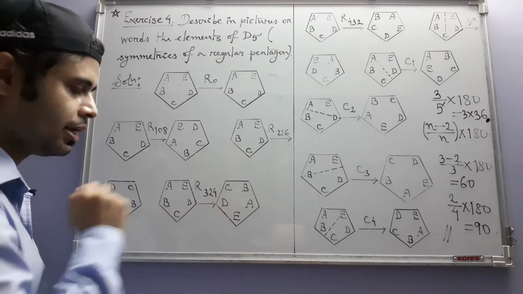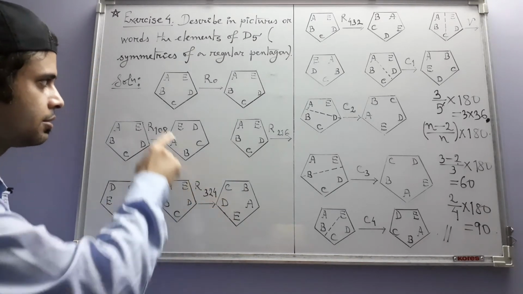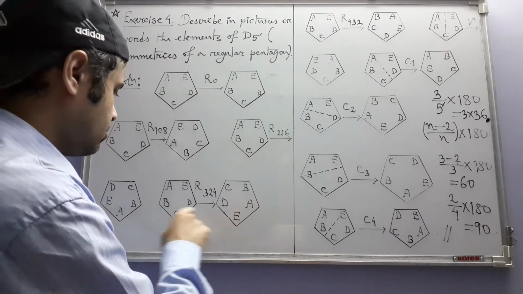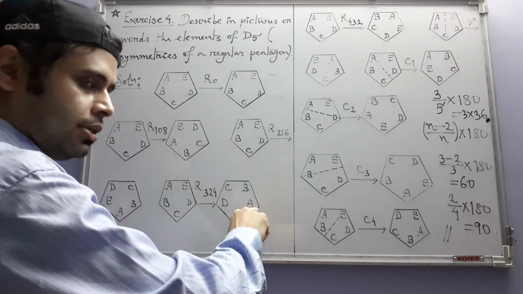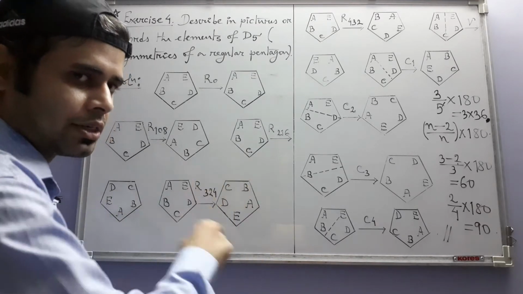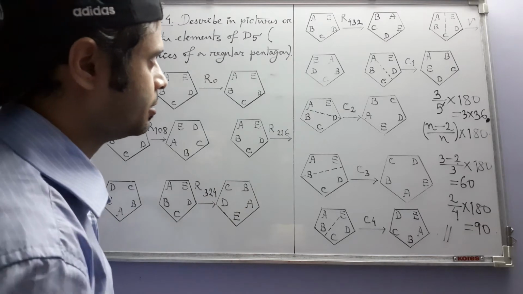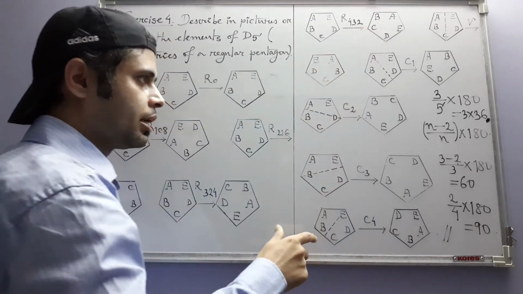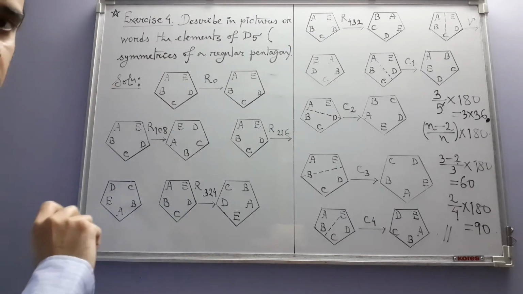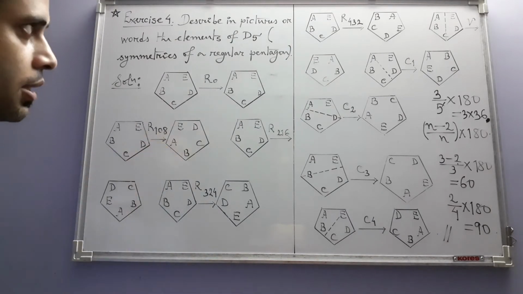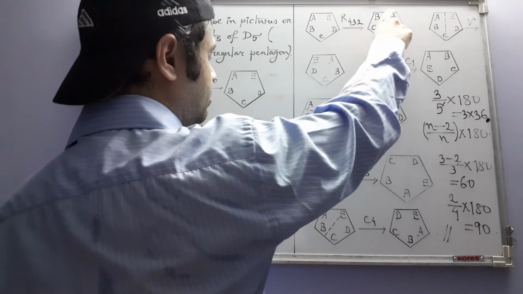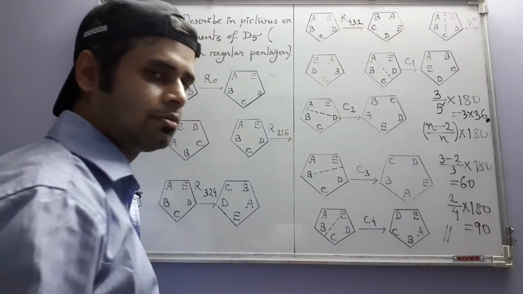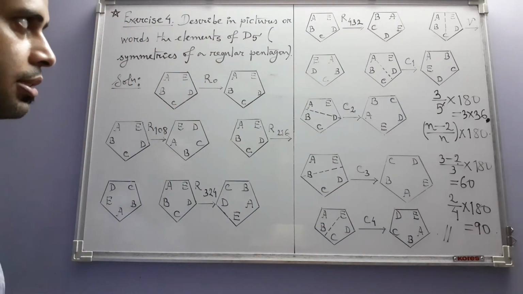Then through an angle 324 degree, which is 3 times 108, A comes from here to here, and all the other vertices also rotate accordingly. And finally we rotate through an angle 432 degree, which is 4 times 108, and we get this arrangement of the vertices. That is also a symmetry.